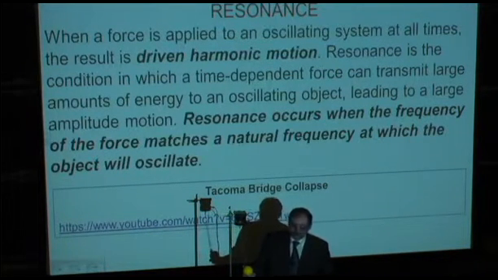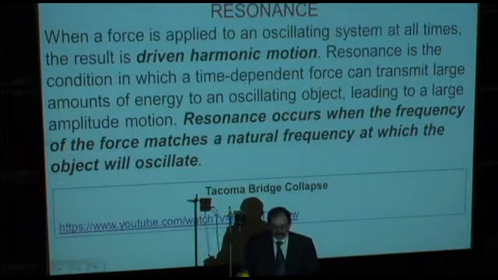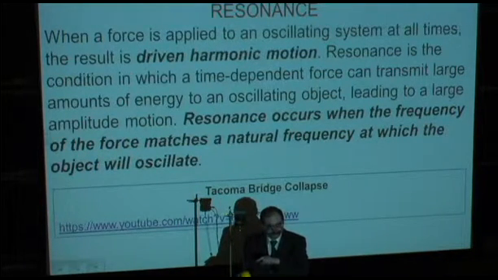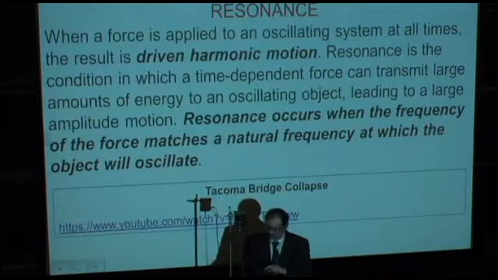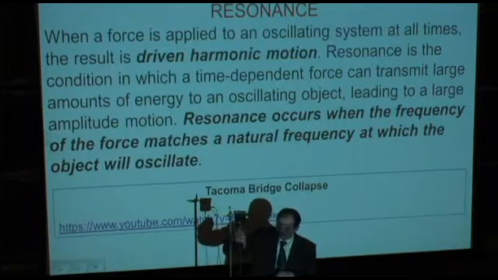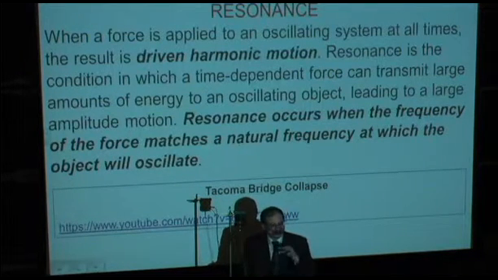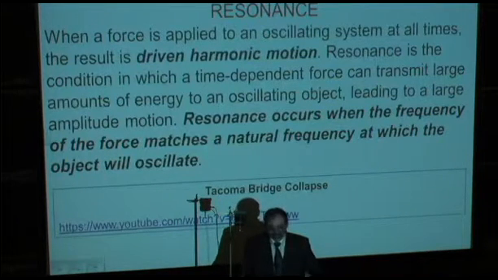Resonance happens when the external force acting on the system has exactly the same frequency as the natural frequency of this system. So you see, 1.05, so about 1 second. When we drive with exactly the same frequency, we pump energy in phase with this motion, and eventually, if there is no friction, it breaks.